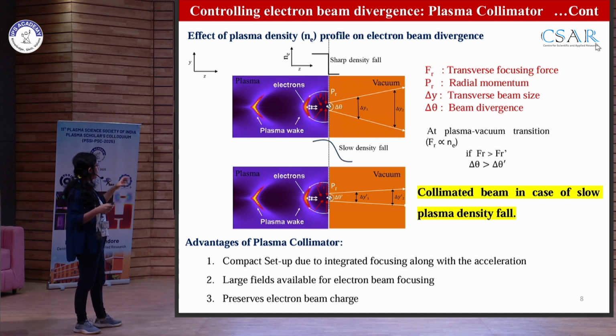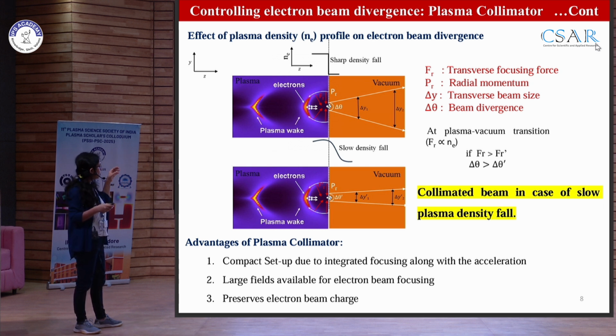Now, on the other hand, if I make a slow density fall at the plasma and vacuum boundary, then, since the force is proportional to the plasma density, that force will become weaker. And a weaker force will generate a low divergence beam.